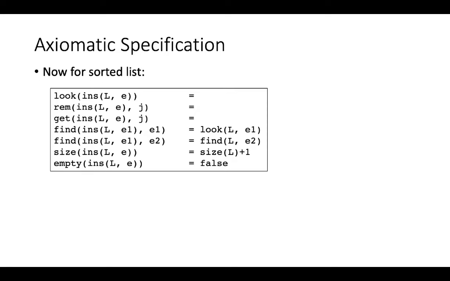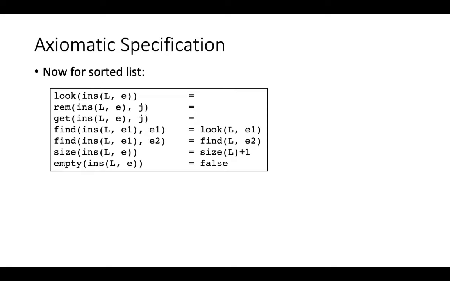So finding whether a list, if I try to apply find onto the result of having inserted E1 into list L, and I'm looking for E1, then that's going to give me back the exact same value as looking up where E1 belongs inside L. And same thing for the other version of find.